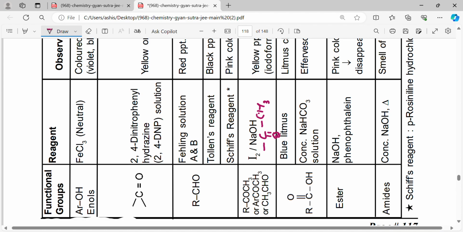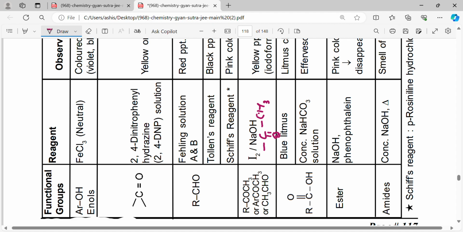The aldehyde or ketone which has the carbonyl group just adjacent to the methyl group, that is called ketomethyl. Only those types of aldehyde or ketone can give a positive iodoform reaction test. But some alcohols, yes, some alcohols can also give the iodoform reaction. Which alcohol? The alcohols which can be oxidized to a ketomethyl group.